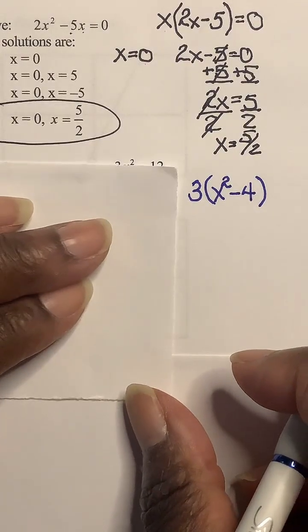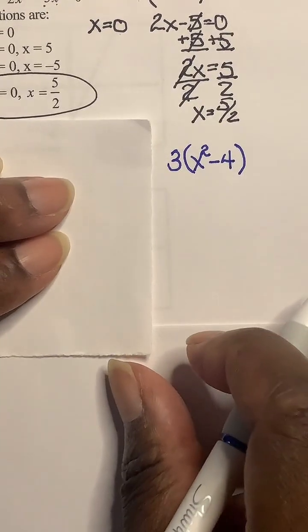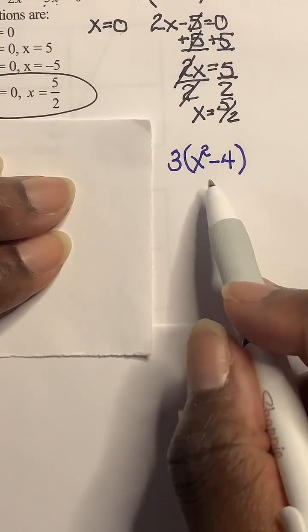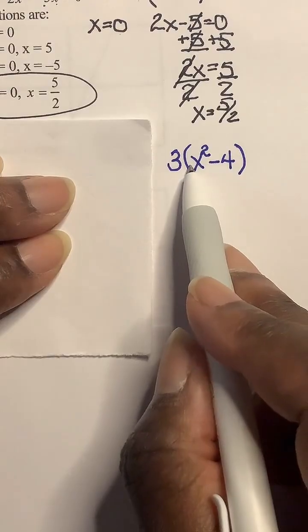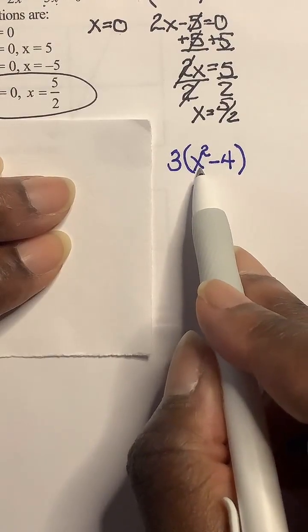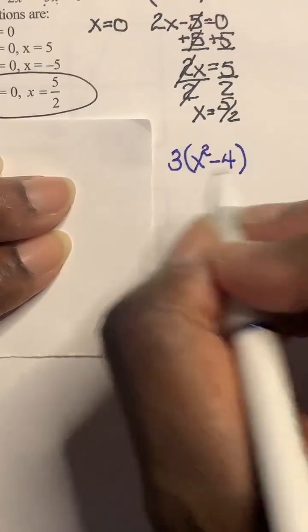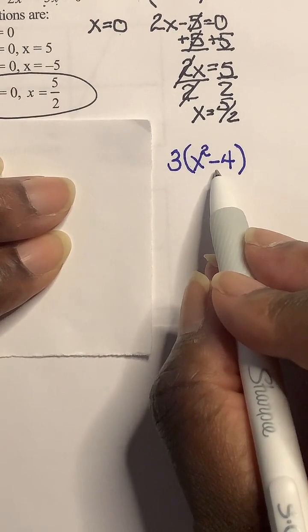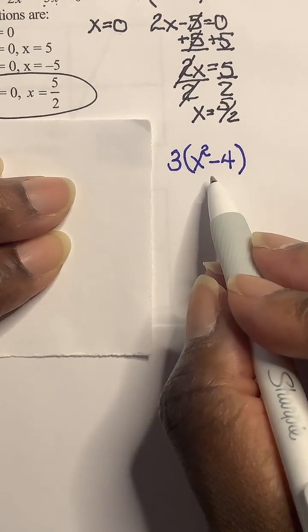Now, if you know anything about factoring, we have what's called perfect squares. So we have a 1, we have an x squared, and we have a 4. Since it's minus, most of you might recognize it, especially if you're taking like Algebra 2, maybe late Algebra 1.